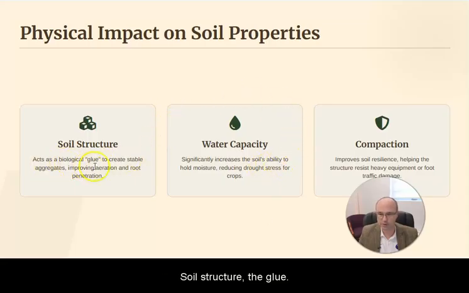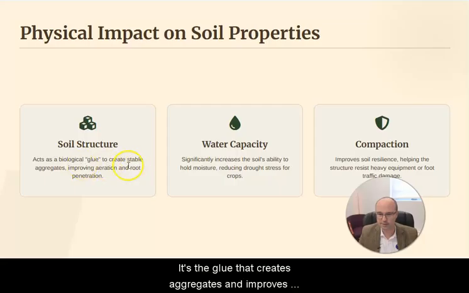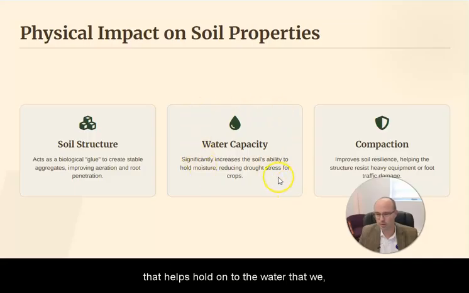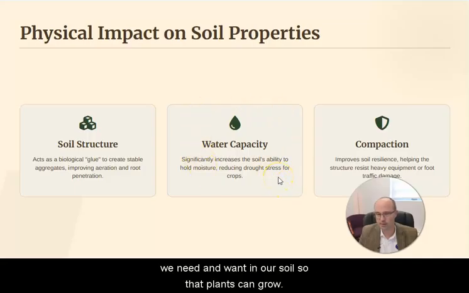Soil structure: it's the glue that creates aggregates and improves aeration and root penetration. So organic matter is really important in that area. Soil water holding capacity: it helps hold on to the water that we need and want in our soils so that plants can grow. So really important there.